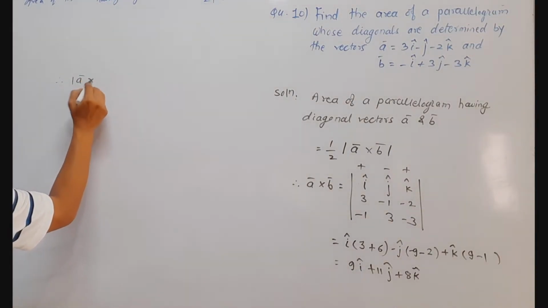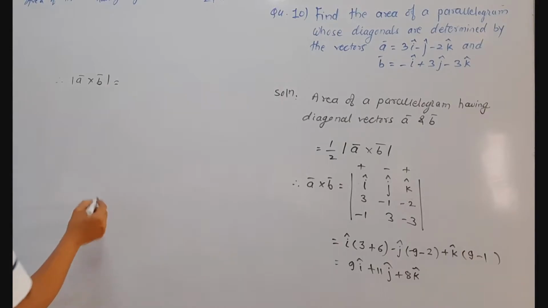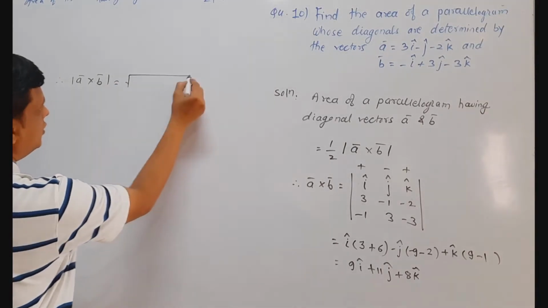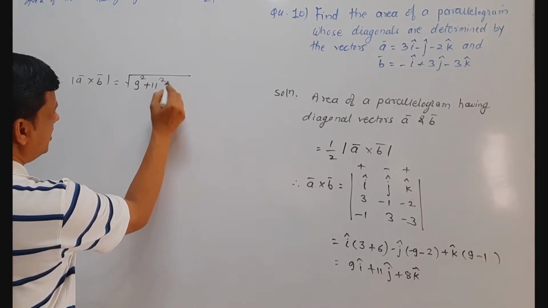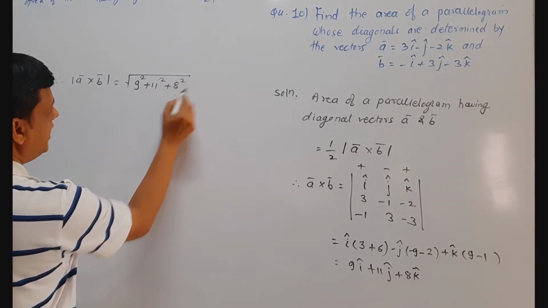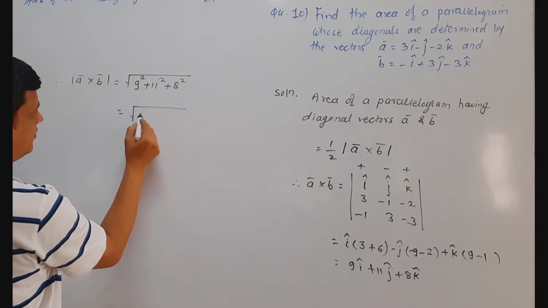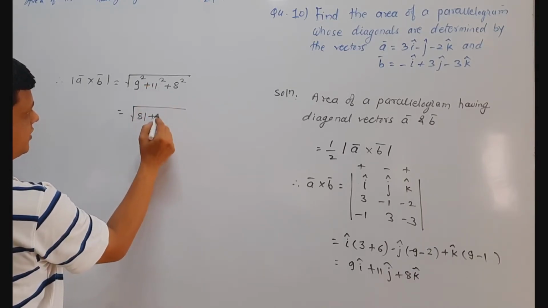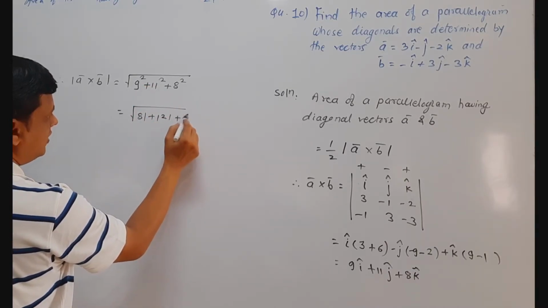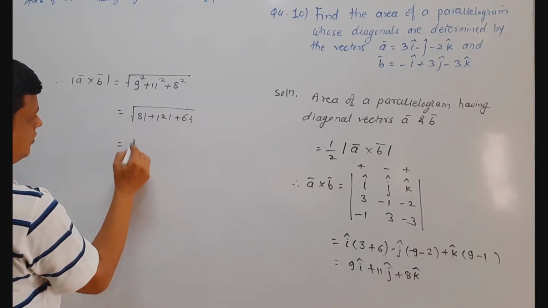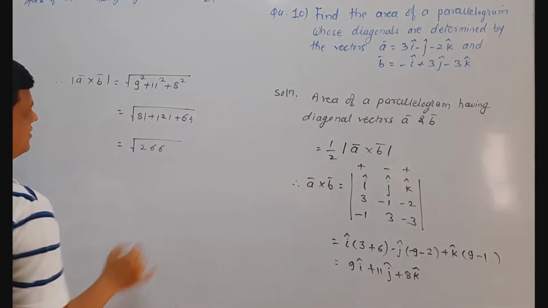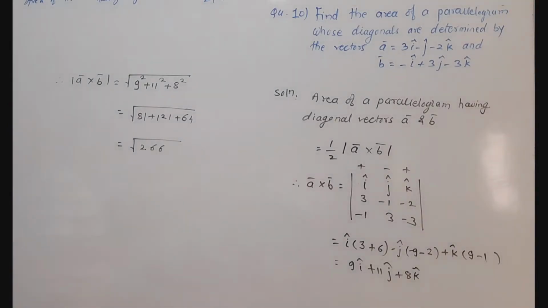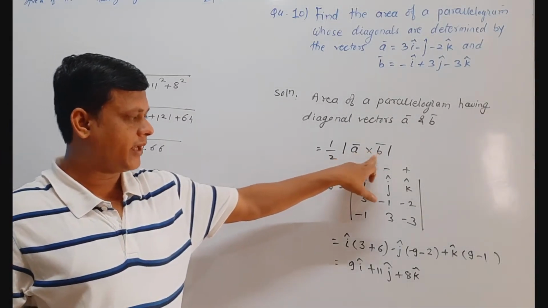Therefore magnitude of A bar cross B bar is equal to square root of 9 square plus 11 square plus 8 square. So we get 9 square 81, 11 square 121, 8 square 64. After adding this we get 266. Now this is the value of magnitude of A bar cross B bar.